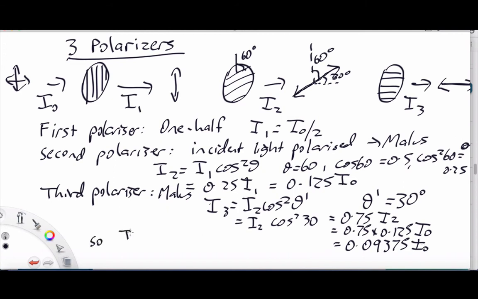So the fraction that gets out, which is I3 over I0, is 0.094. That means about 9.4% comes out the far side of the third polarizer, and it is now horizontally polarized.